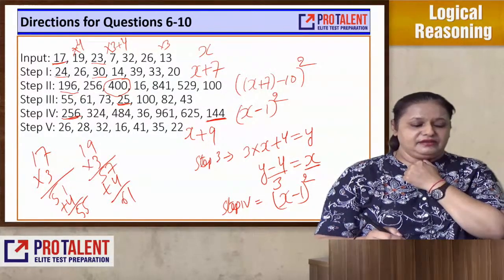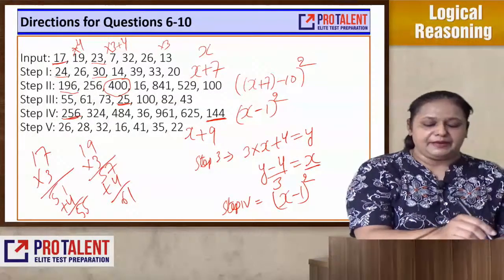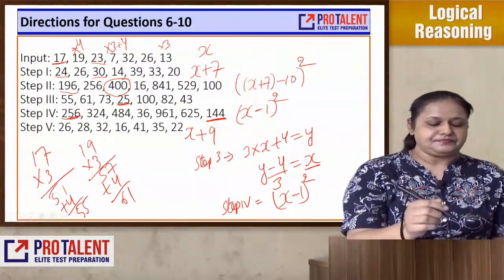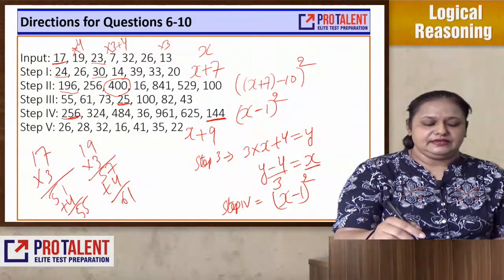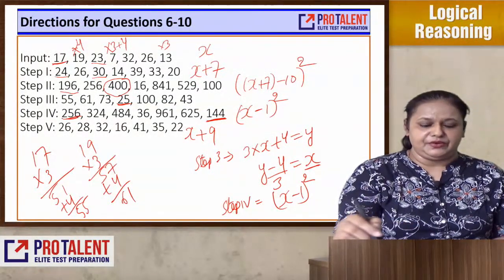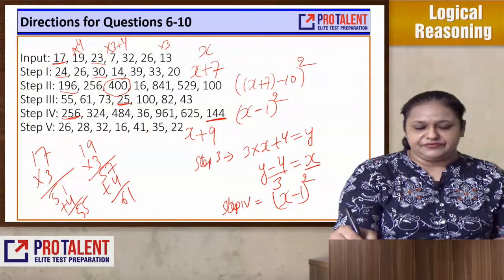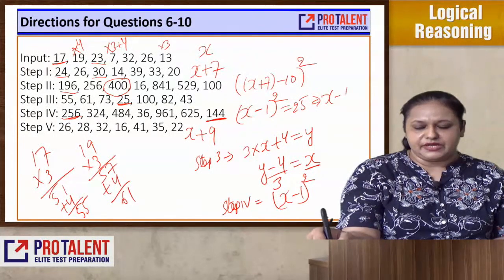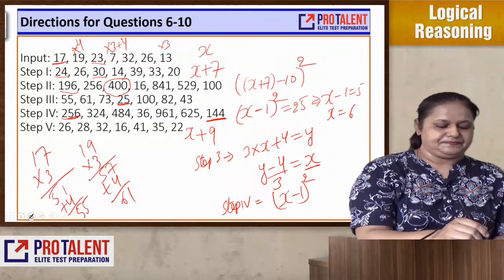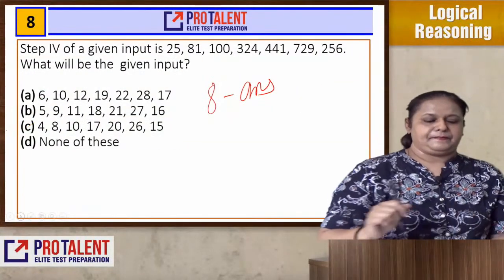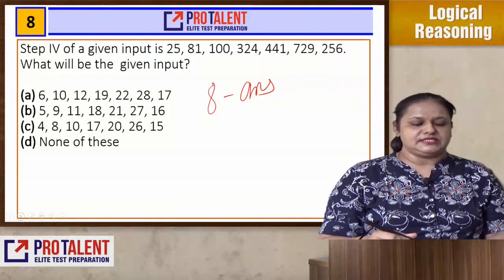Then from there, if this number I am getting is x, see, if step 4 is given to me, the number should have been what? So this is 25. This means that x minus 1 is 5 and hence x is equal to 6. Right? So answer is A.